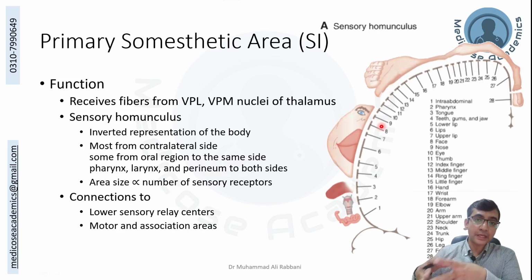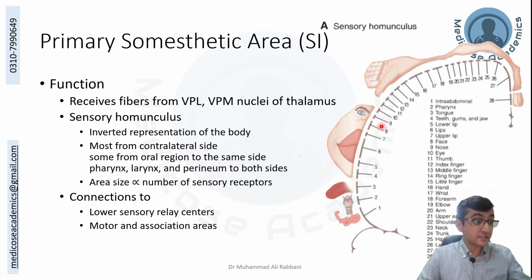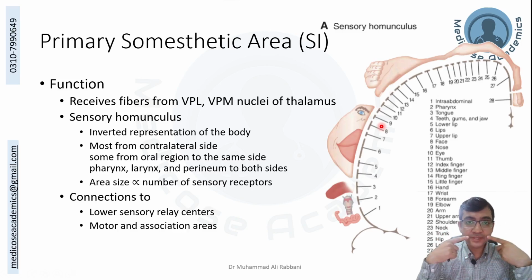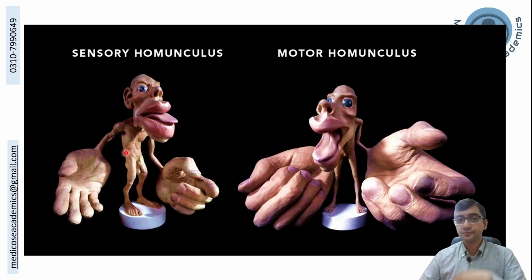Here the area size is proportional to the sensitivity of that area, the number of receptors present in that area. So what are the most sensitive parts of your body? Your fingers, the tip of your fingers, the tip of your thumb, your lips, the tip of your tongue, your genitalia. All these structures will have a bigger and greater representation as compared to the rest of the body.